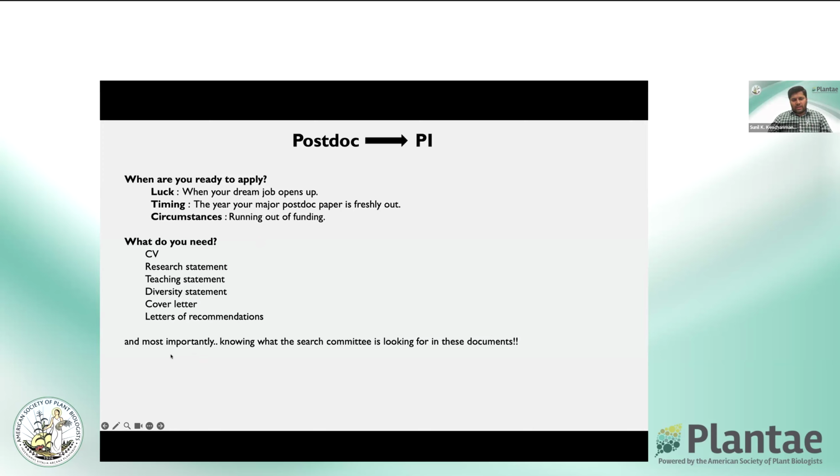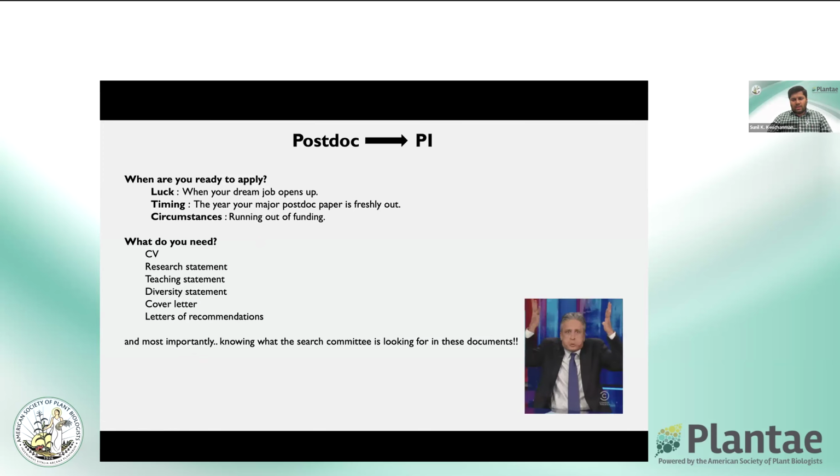But I think most importantly, what is critical is that you have to know what the search committee is actually looking for. And this, I think, has been a challenge because a lot of labs or a lot of mentors tell you what the search committee is looking for.